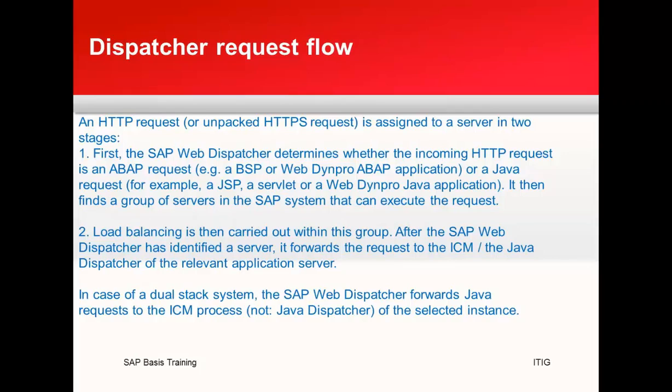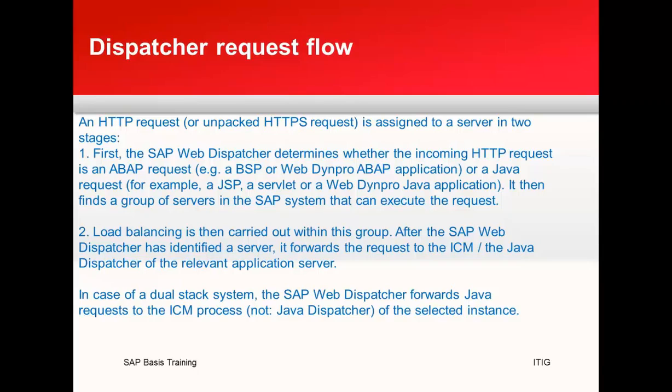Okay, now the next thing is the dispatcher request flow. Whenever a request comes to the SAP web dispatcher, how does the flow of the request happen? We'll cover that in this slide. We just saw that the function of the web dispatcher is ultimately to forward an HTTP request to a specific application server.